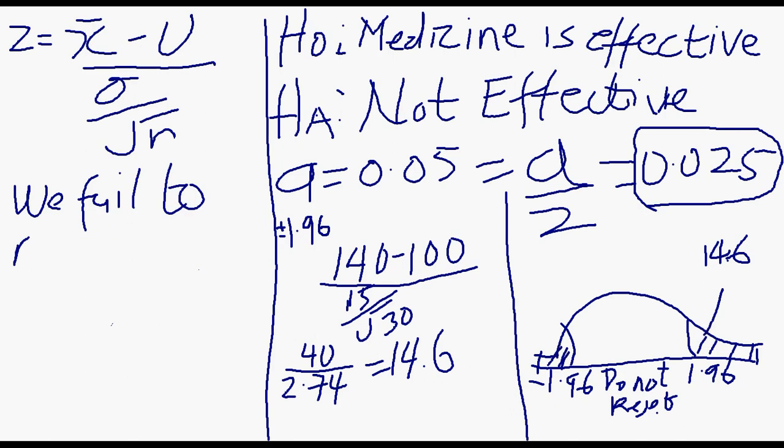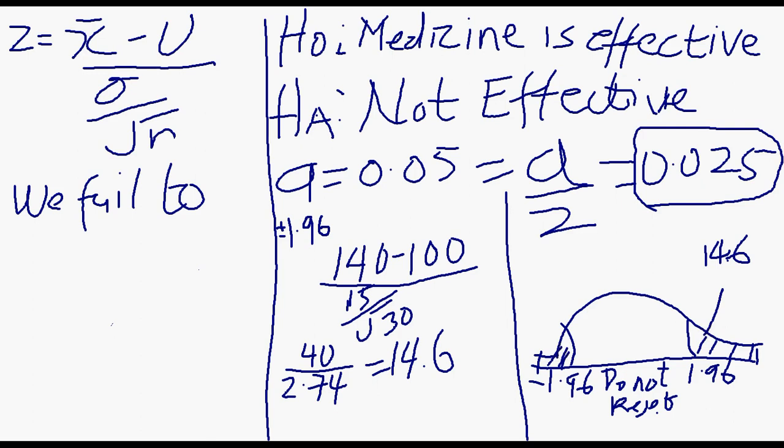If you use 0.025, the critical value for 29 degrees of freedom at 0.025 is 2.045, which is in the rejection zone.